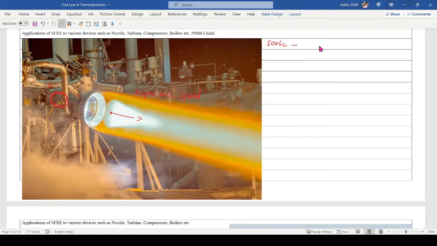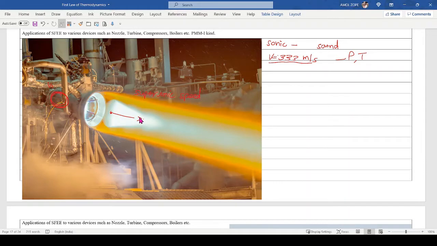Sonic means sound, so the speed of sound at 1 atmosphere and 30 degrees Celsius is somewhere around this value. This is the speed of sound. Supersonic means the speed of the gases is more than the speed of sound at that particular pressure and temperature.